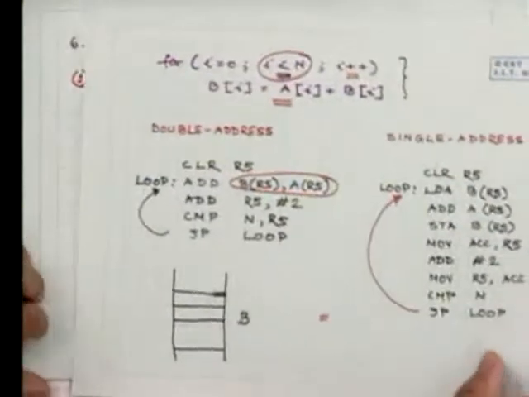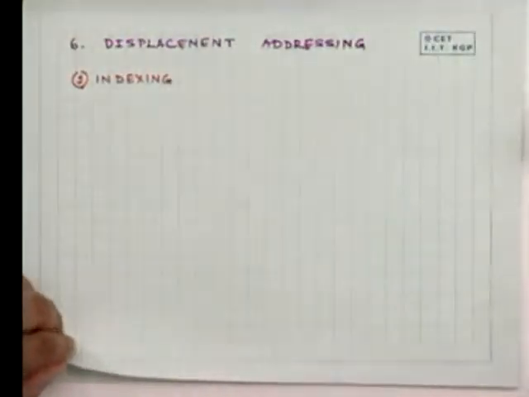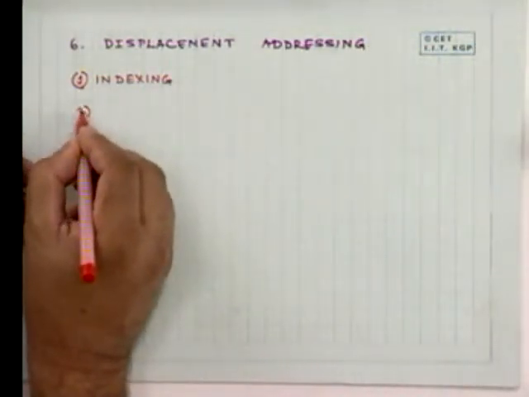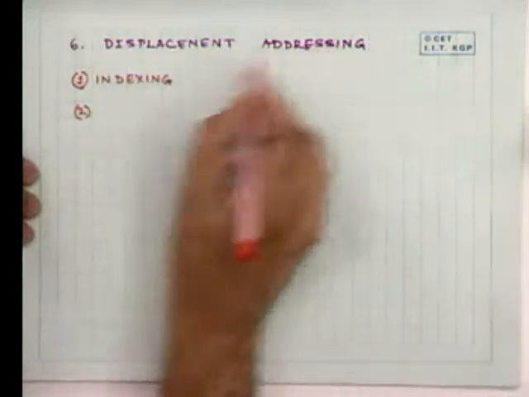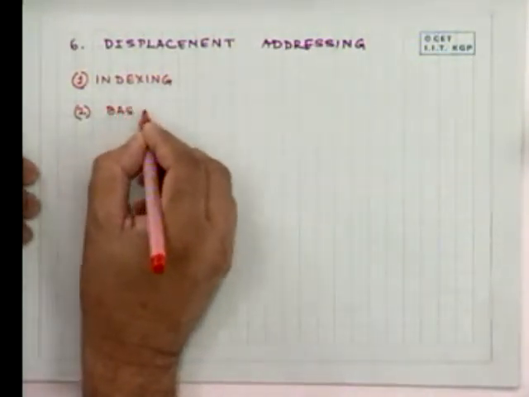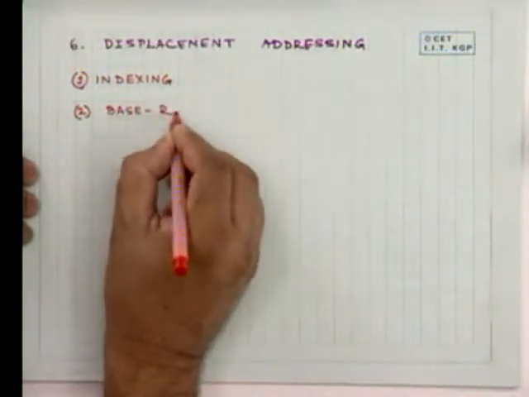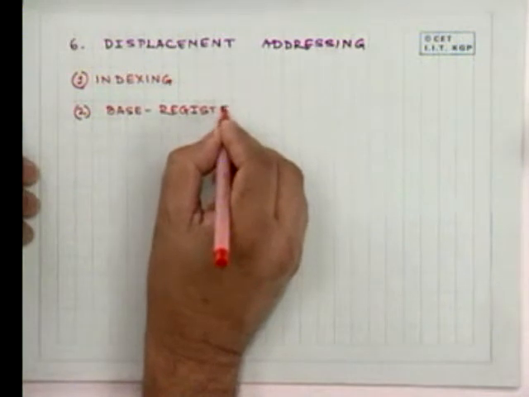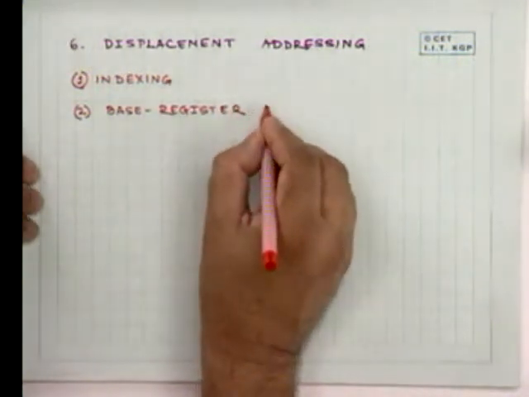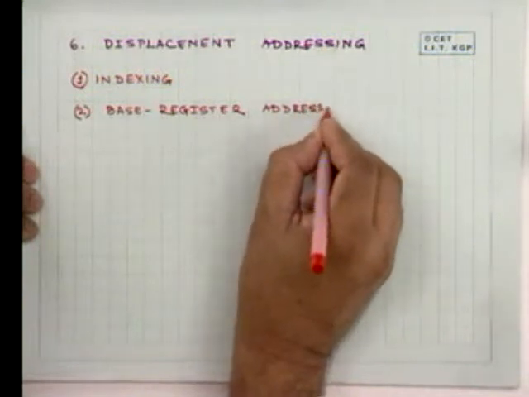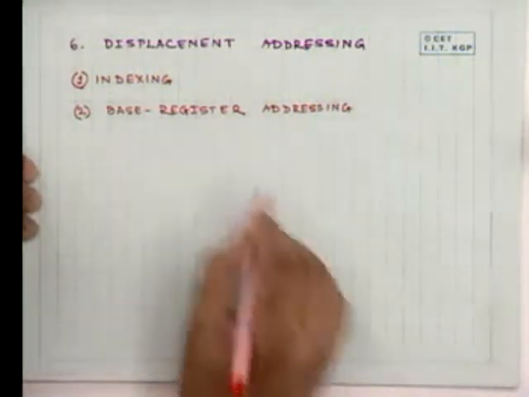This is index addressing. Let us now come to what we call displacement addressing, base register addressing.